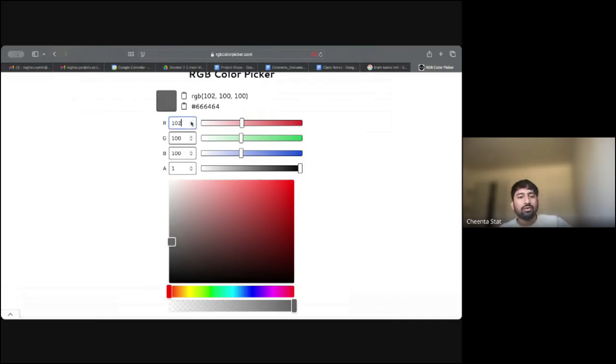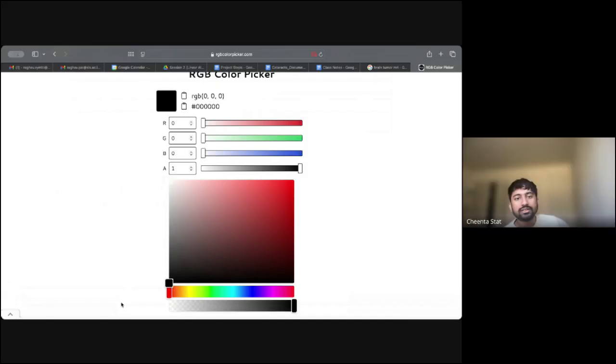Let's say you make all of them 200. It's a lighter gray, right? Because the intensity increases, it becomes brighter. If you make all 255, 255, 255, it will become, guess what? White. If all are 0, 0, 0, it will become black.